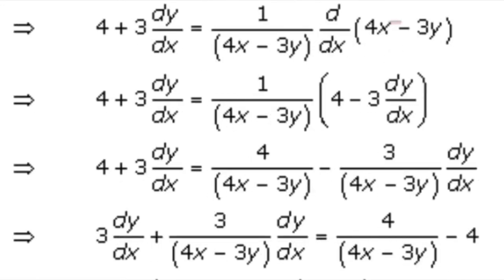Now we are going to keep the dy by dx term on the left hand side and the term without dy upon dx on the right hand side. So we'll get here 3 dy upon dx plus 3 upon 4x minus 3y into dy upon dx equals 4 upon 4x minus 3y minus 4.